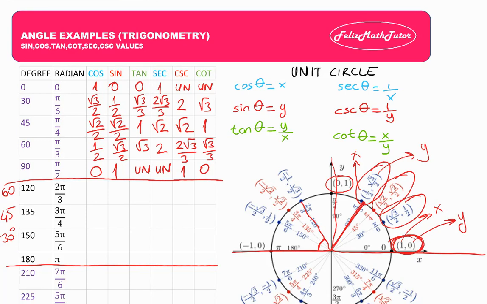So in the second quadrant we have negative x and positive y's. So I will find negative cosines. Everything is same with the 60 degree here. So what is it? Negative 1/2.